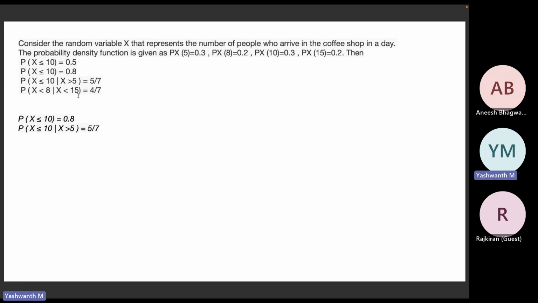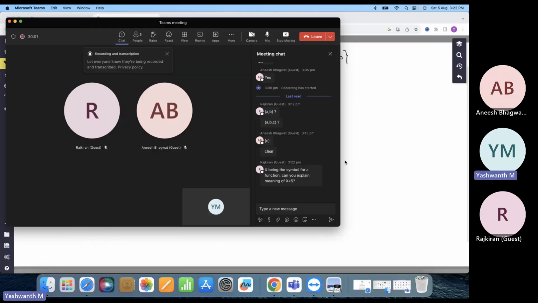So X less than 5, or greater than 5, whatever you have typed: the meaning of X less than 5 is that X can take values up to 4, assuming X is a discrete valued random variable. And you have probability assigned to each of these events. Is it clear?